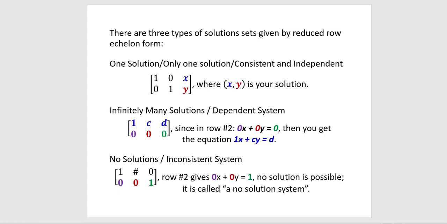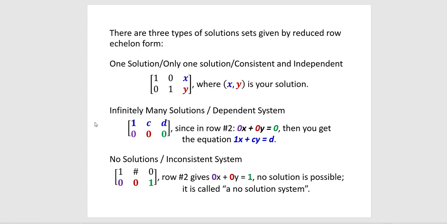This slide shows us the 3 types of solutions of systems of 2 equations with 2 variables, as they appear on the TI-84 calculator. I would recommend that you copy this page for future usage, at least until you have the information memorized. The one solution type of answer is in reduced row echelon form with the solution in the last column.